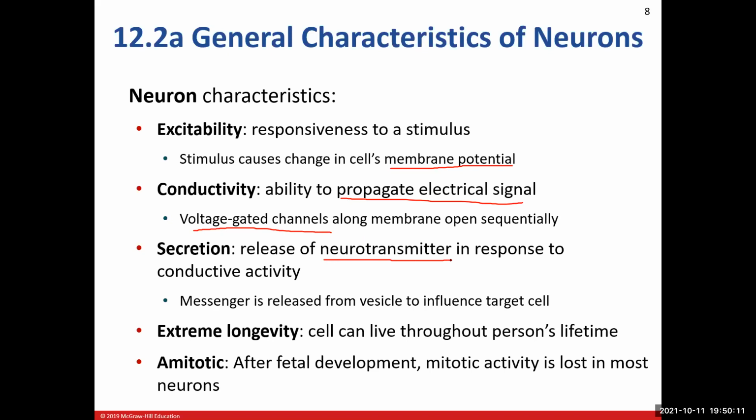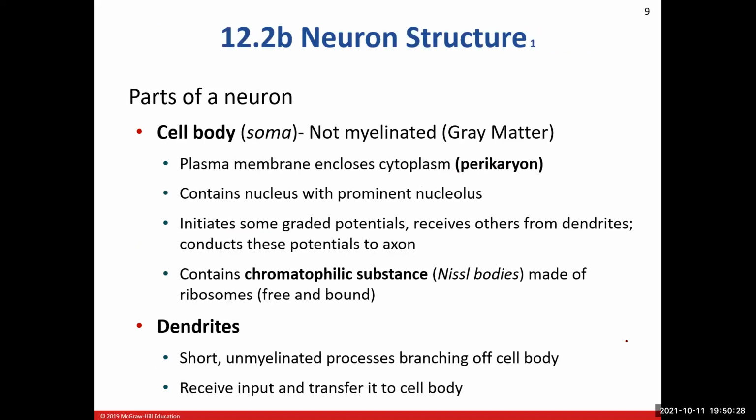It could be a muscle, a gland cell, or another neuron. The neurons pretty much live forever, or pretty much the lifetime of the person, and they do not divide after fetal development.